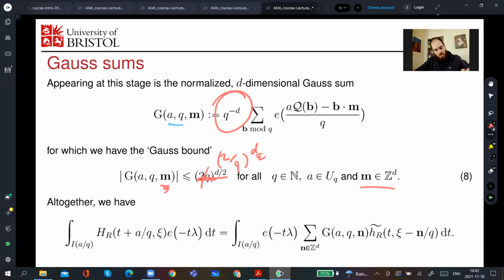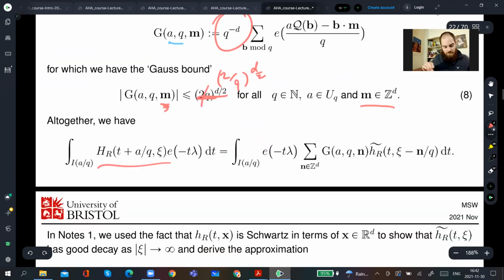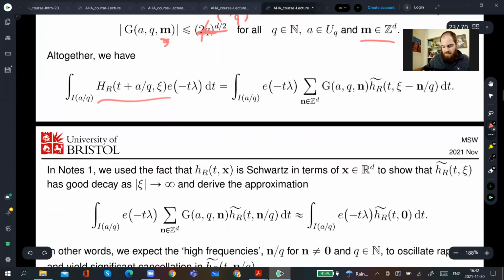So when we plug in our expression for h_r, we just have this integral here at the bottom right. Nothing fancy so far, very close to what we've done previously.